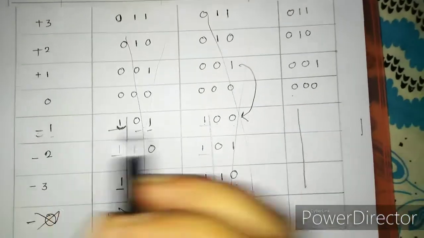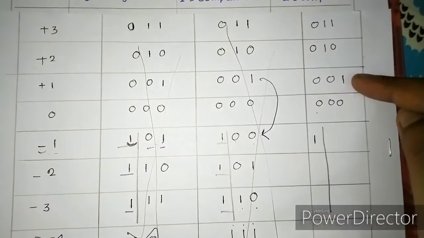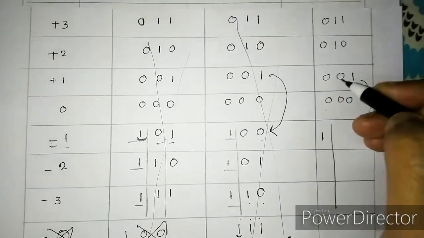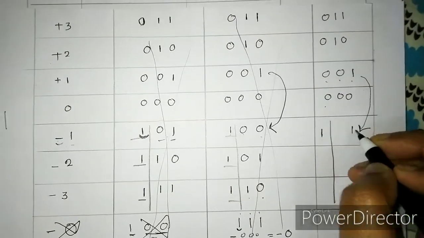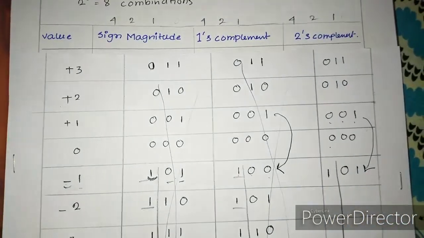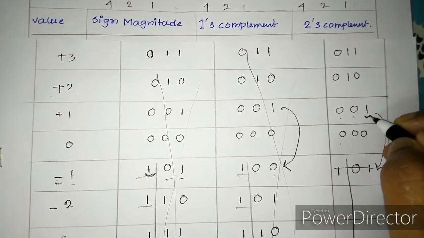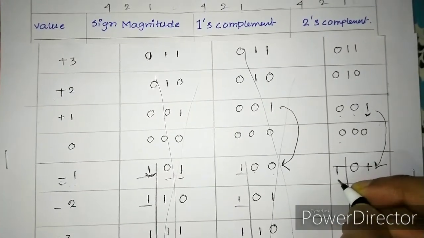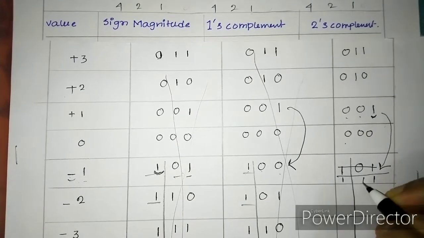As it is a minus number, put 1 in the MSB's place, and plus 1's 2's complement is equivalent to minus 1. Sorry, first we have to write the MSB. So minus 1 is 1, and then 1 1.